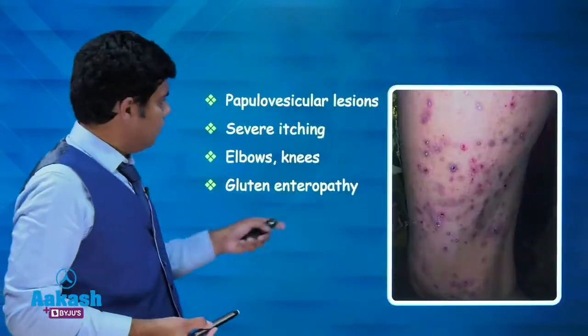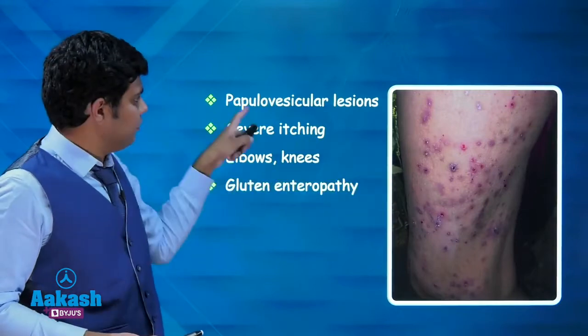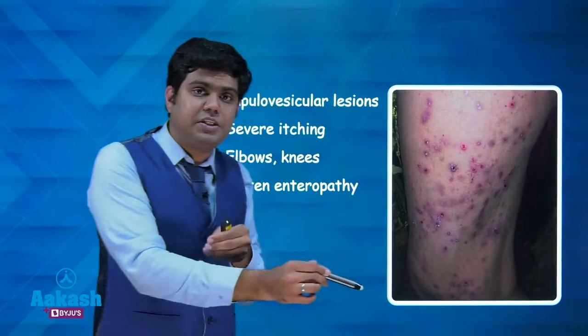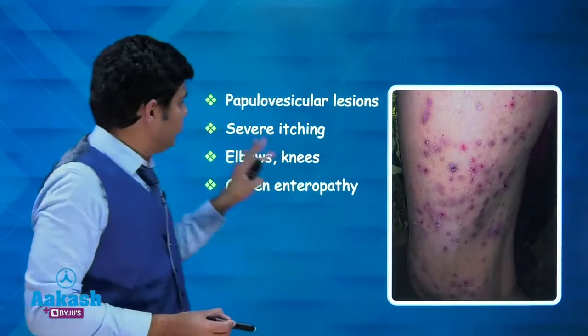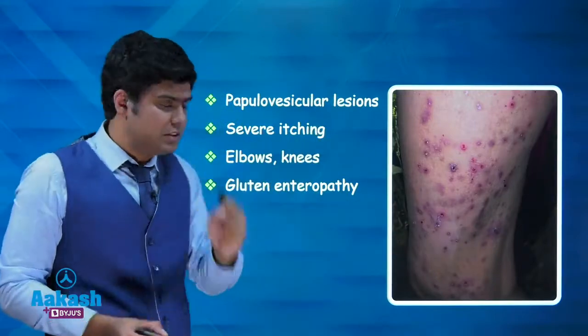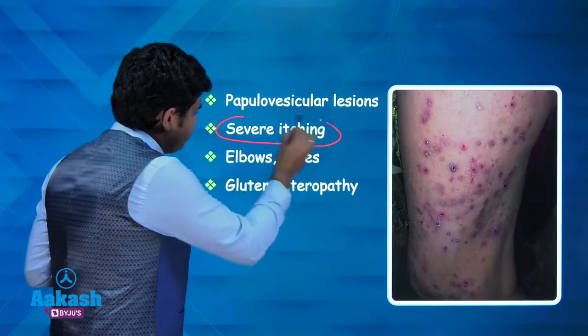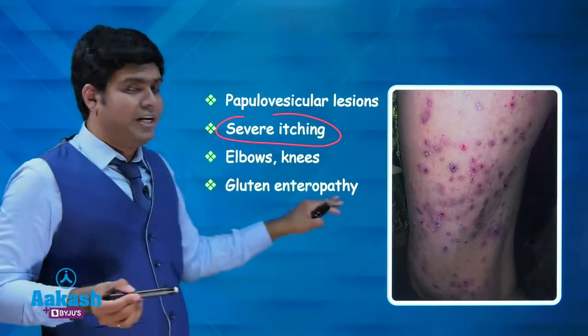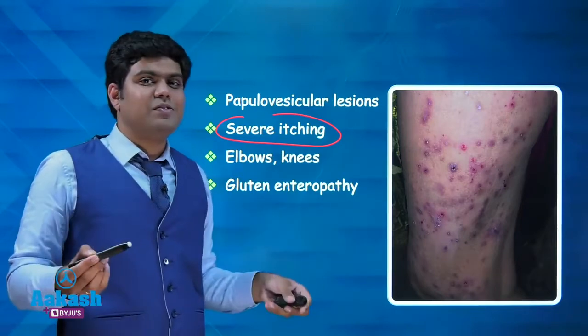Okay. What about this? Patient is presenting with papulovesicular lesions. There are multiple lesions and the patient has scratched them. That means there is severe itching. So papulovesicular lesions, tiny small lesions and severe itching. Site elbows and knees, that is extensors, and gluten enteropathy associated. So what is the diagnosis? It is very simple.